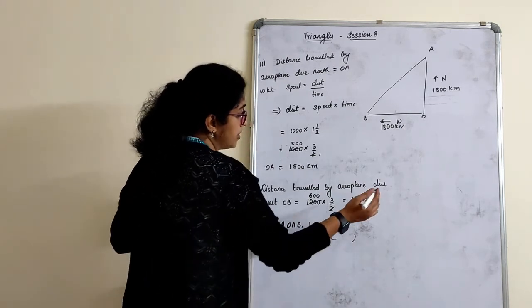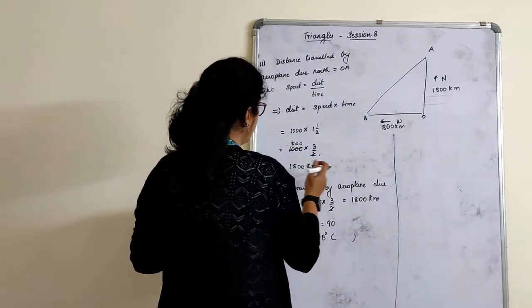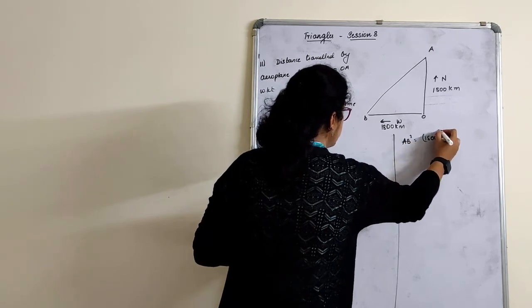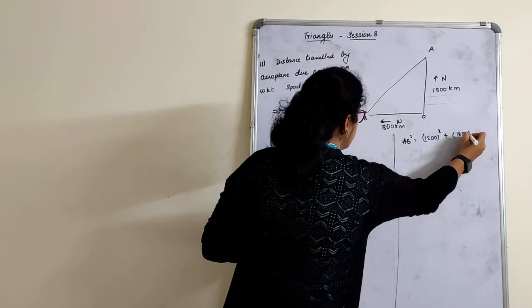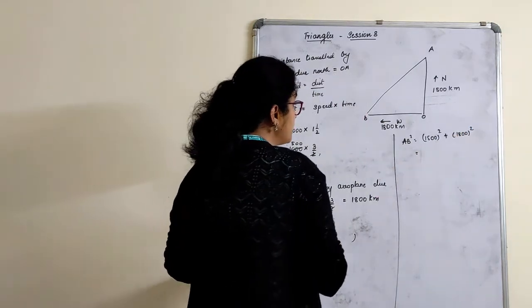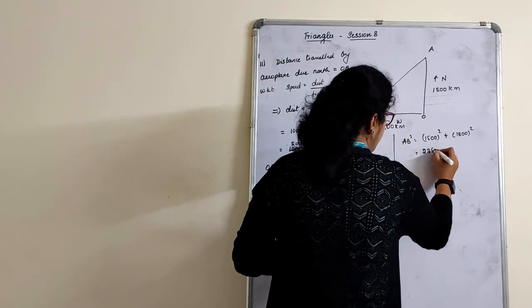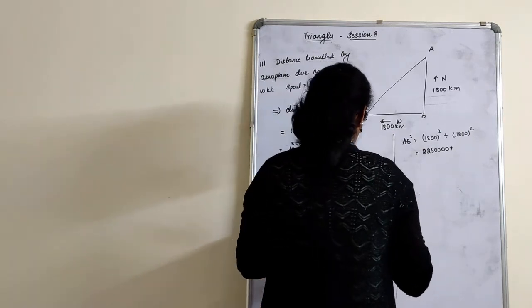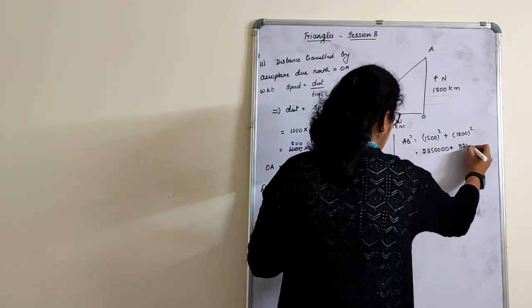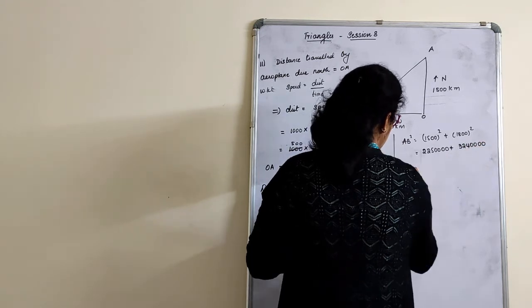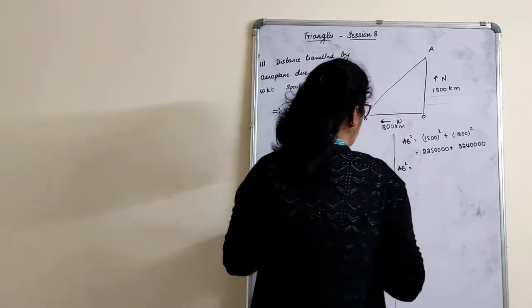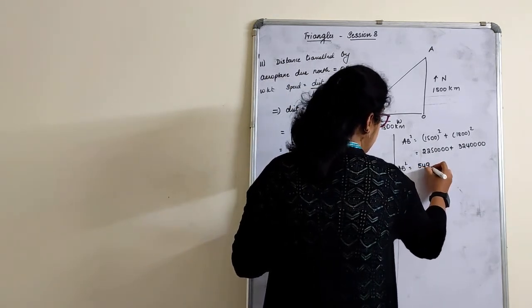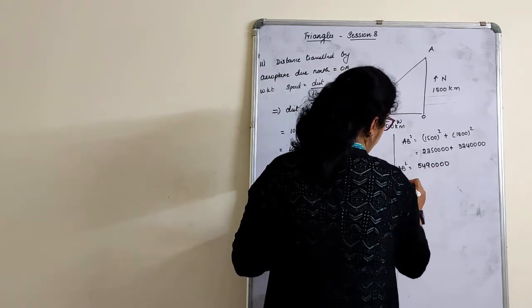So AB square is equal to 1500 whole square plus 1800 whole square. 15 square is 225, with 2 more zeros, plus 18 square is 324, with 2 more zeros. Therefore AB square is equal to 225 plus 324, which will give you 549 0 0 0 0.